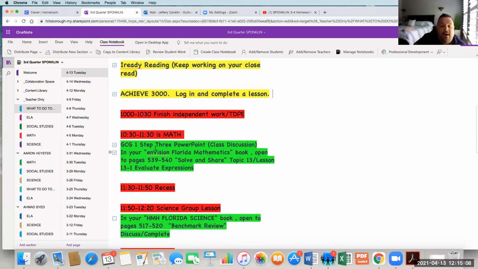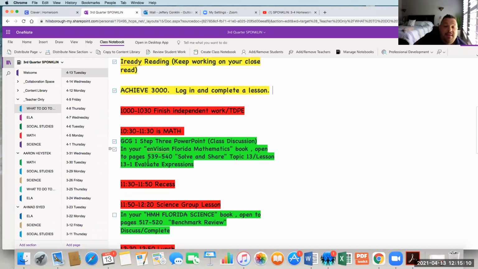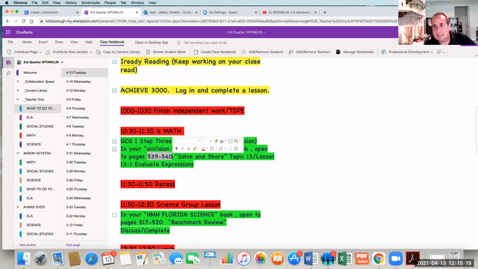Math, once again, the PowerPoint, if you need a copy, we can send it. The math pages are listed here, and you can look at those pages on 539 and 540. Remember, you have to do all those problems on the page to practice. That is true. And what I did was I literally put a copy of 539 in everyone's notebook.